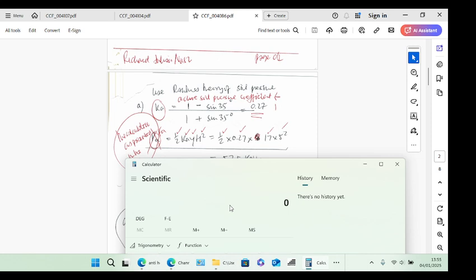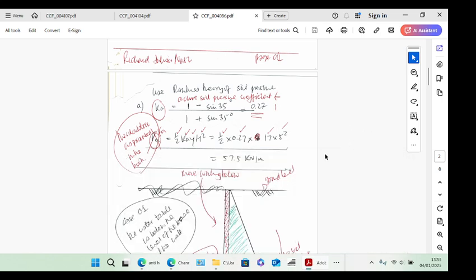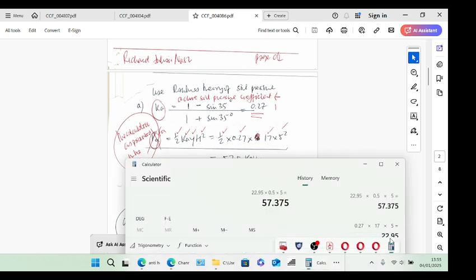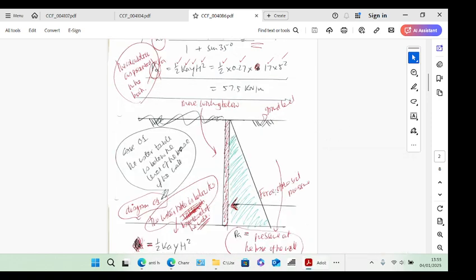The pressure at the base of the wall is 0.27 times 17 times 5, which is 22.95, and the force is then times 0.5 times 5, which is 57.375. Okay, I got 57.375 and he's got 57.5, but that's close enough for me.